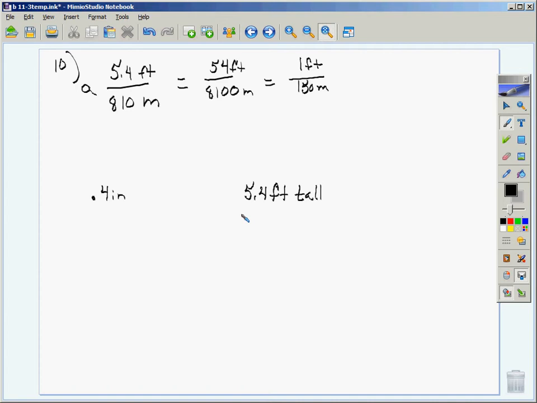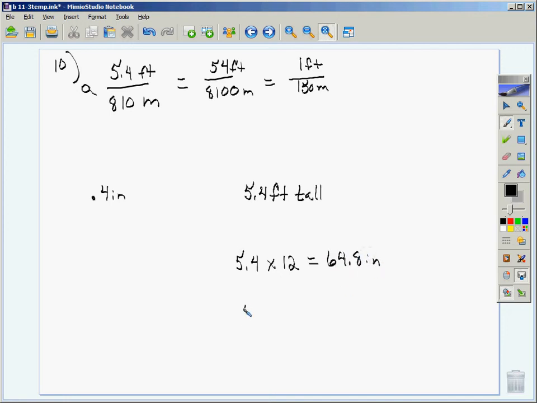I've got to change the feet into inches, so I took 5.4 times 12 to find out how many inches tall it was. 5.4 times 12 is 64.8.